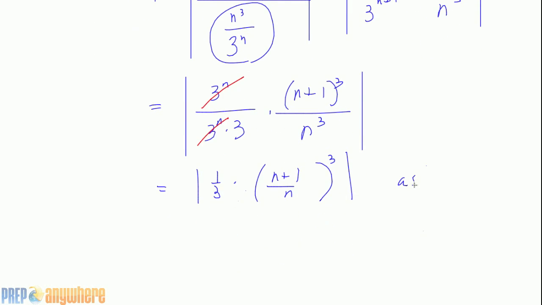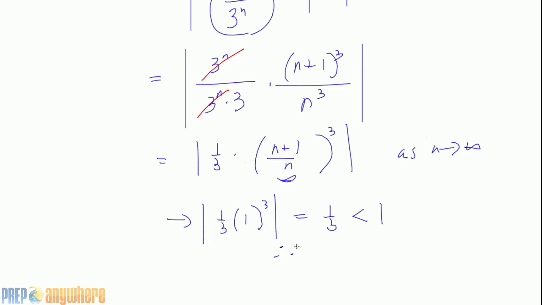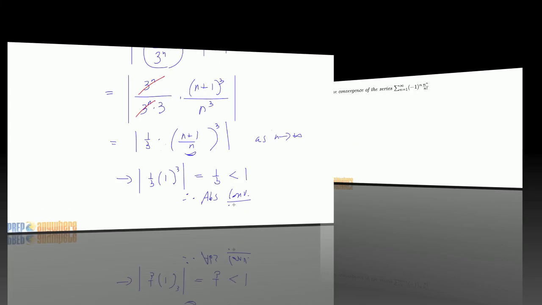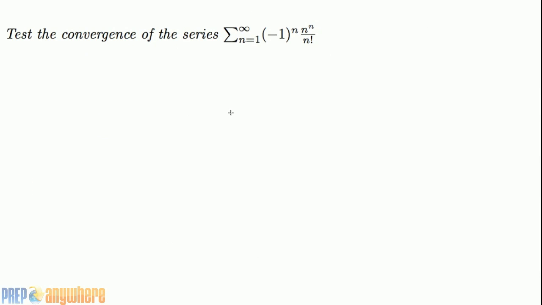Now as n approaches infinity, that right there will approach 1. So the limit of this is going to be 1 over 3, which is less than 1, and therefore it's going to be absolutely converging. Okay, so here's one more example.